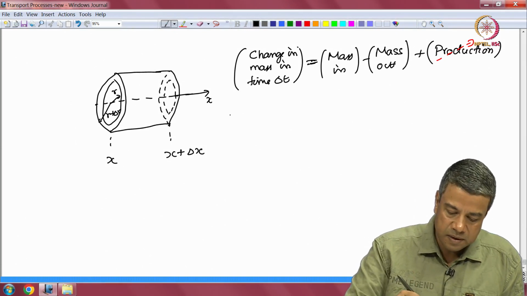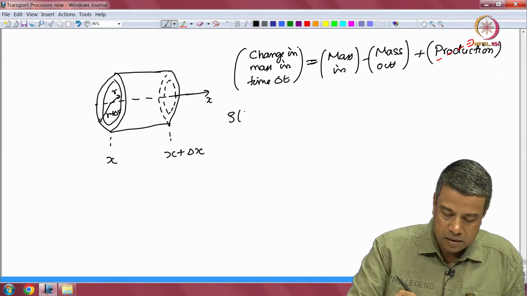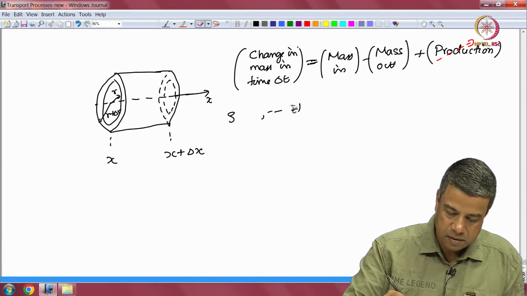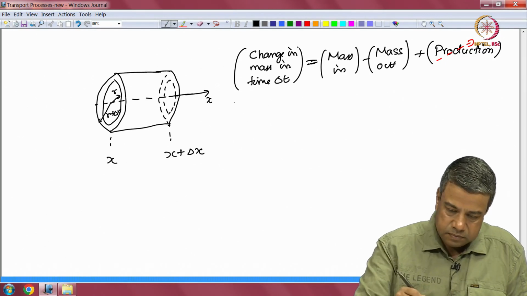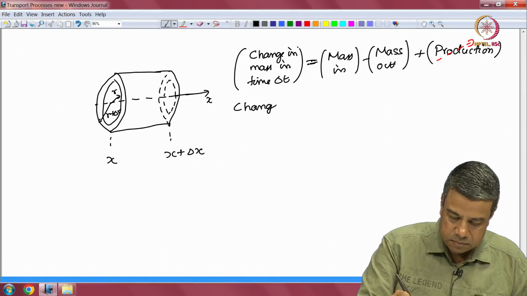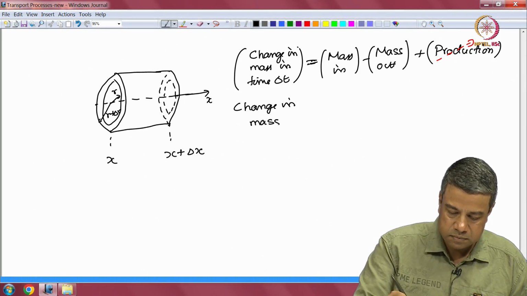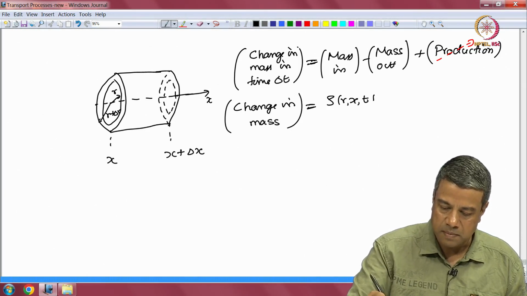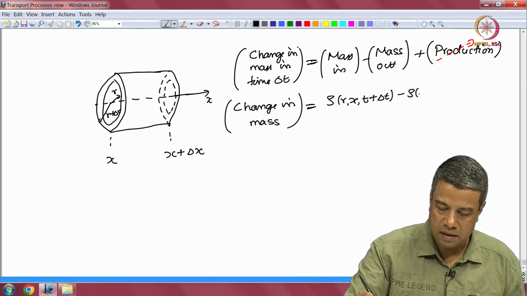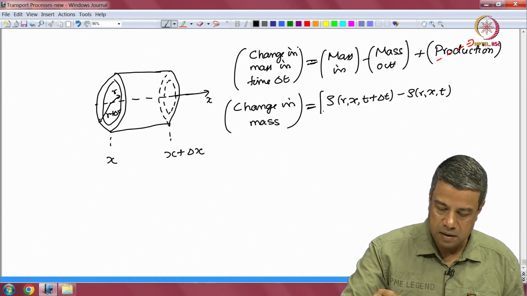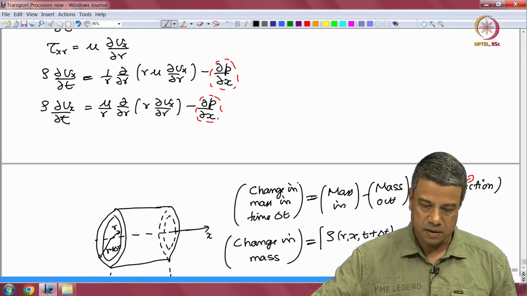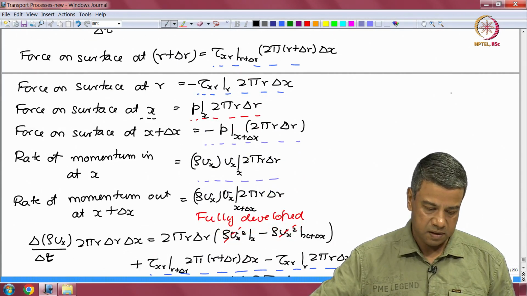That is going to be equal to the density at r, x, t plus delta t minus the density at r, x, t, into the volume.